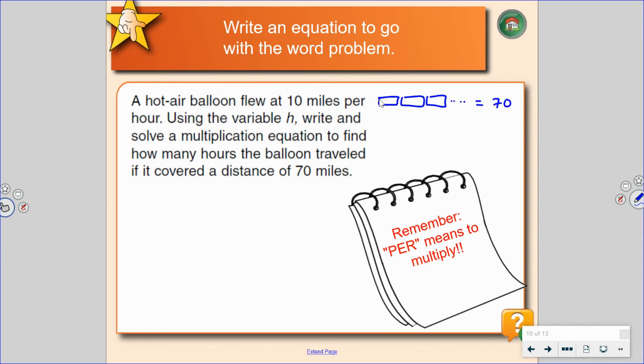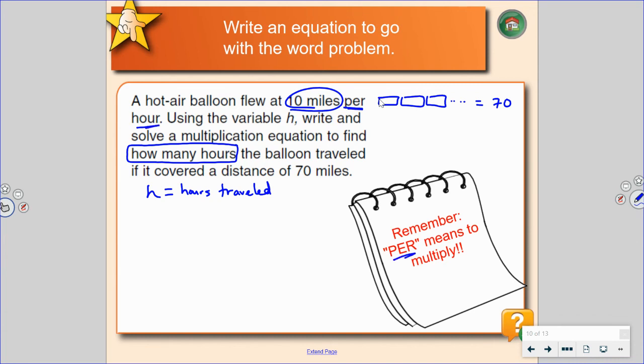Now, firstly, I read through the problem just to see that I understood it. Then I go back and ask, what is the question asking? Because it says how many hours, that's what I'm going to let my variable be. Let h be the number of hours traveled. Now, what else is important information? Flew at 10 miles per hour.